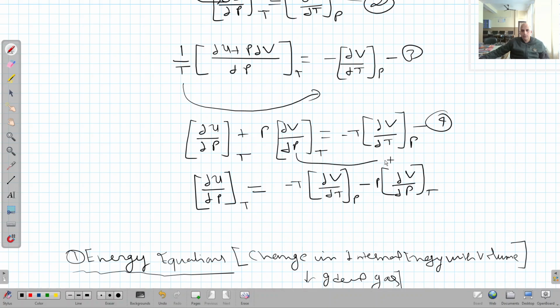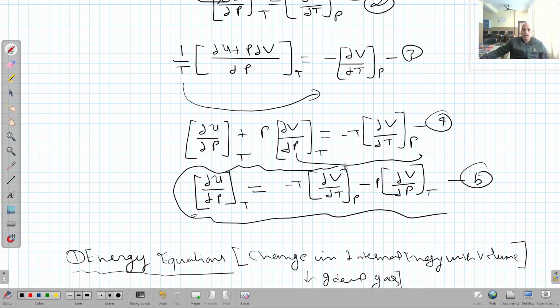I took this term toward this side. So now this is the required expression, equation number 5. It is the required expression for change in internal energy with change in pressure at constant temperature T. Clear? This equation is called the second energy equation.